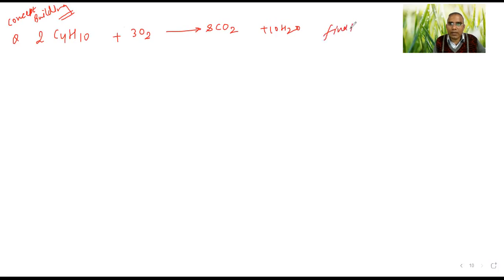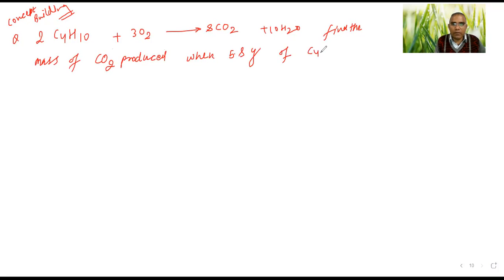Find the mass of CO2 produced when 5.8 gram of C4H10 is burnt.